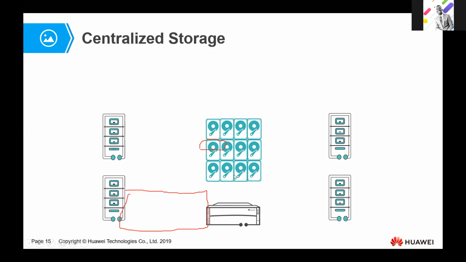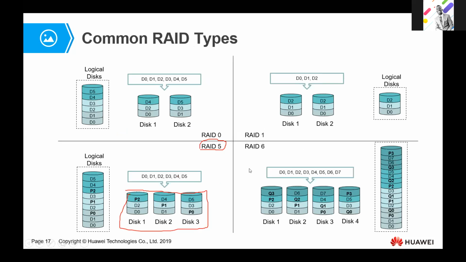Or you can have more, but the moment you configure it as RAID 5, it is going to use parity checks to either restore data or repair it. So it will add a parity check on top of the data that is stored.